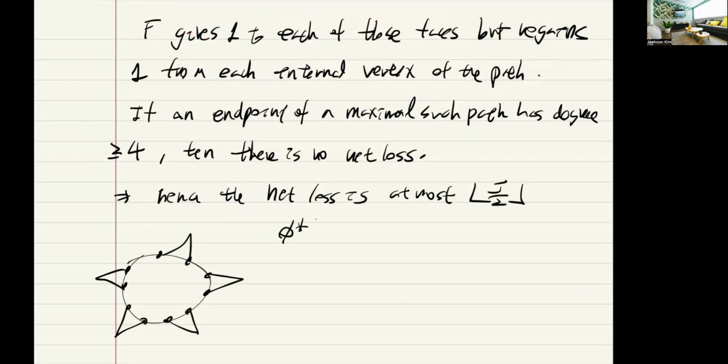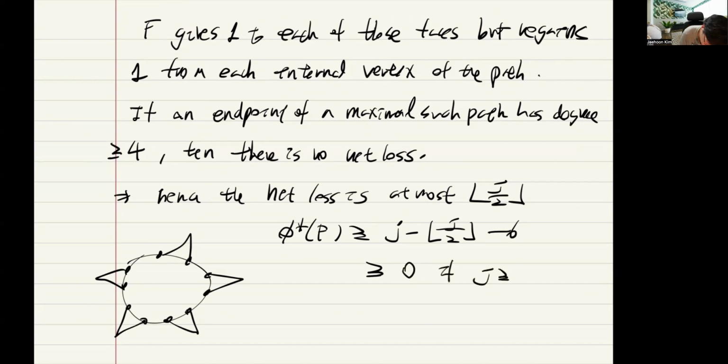So its final charge, subtracting that, gives us J minus floor of J over 2 minus 6, which is non-negative if J is at least 11.